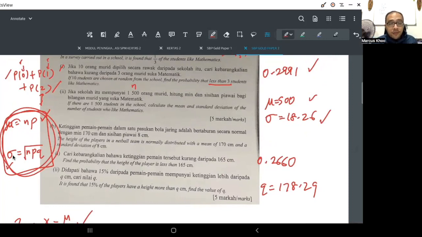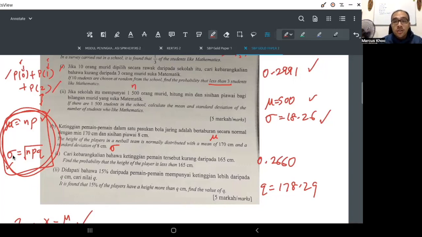Right, B: the height of the players in the netball team is normally distributed with a mean of 170 cm and a standard deviation of 8. I want to remind all of you again that sometimes the question will not give you the standard deviation. They will give you the variance instead. You are expected to know the relationship between variance and standard deviation, which is just square root.